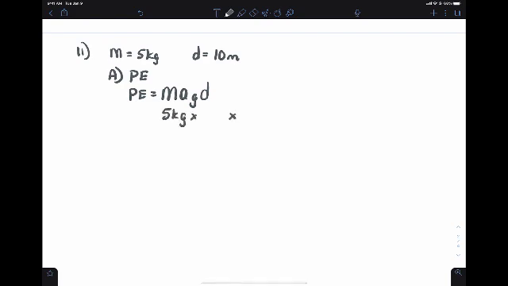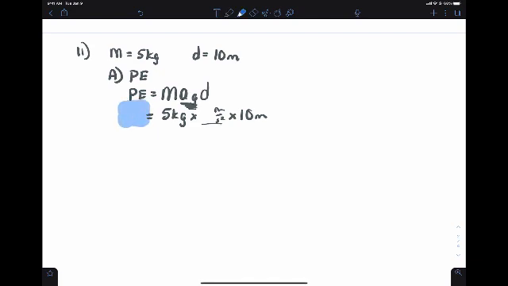We know the distance, that's 10 meters. What's g? That's the acceleration due to gravity. I'm not going to give that to you, you should know that. You can go ahead and put that value in here, in meters per second squared. It's the same anywhere on the Earth's surface. So you need to get your potential energy right here.